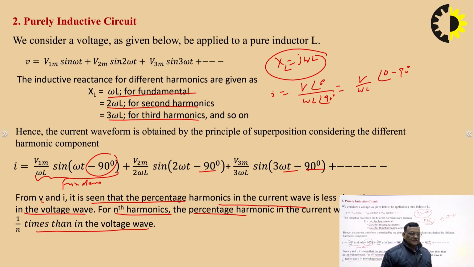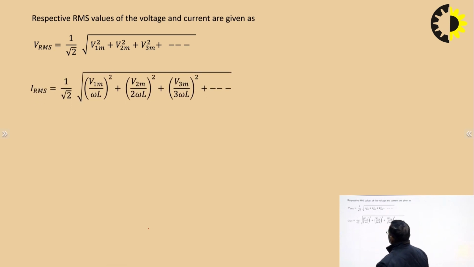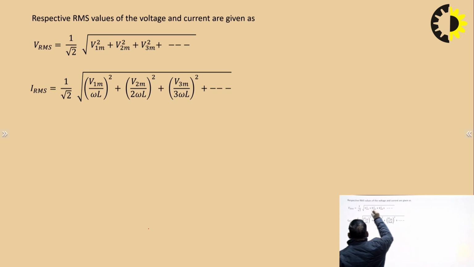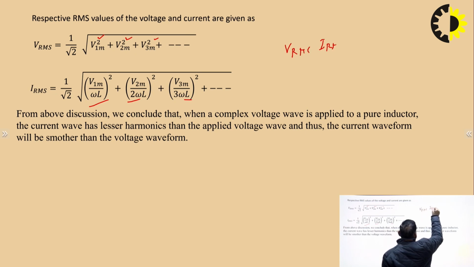So sometimes these inductors are called smoothing reactors because it is reducing the harmonics. So I will calculate the RMS value of the voltage and current. It is simple. This is your fundamental component, second harmonic, third and fourth one, and corresponding to this is the fundamental, first, second and third, and we can take the VRMS and IRMS.